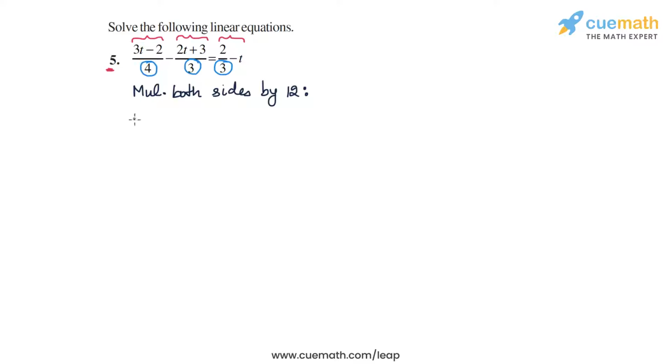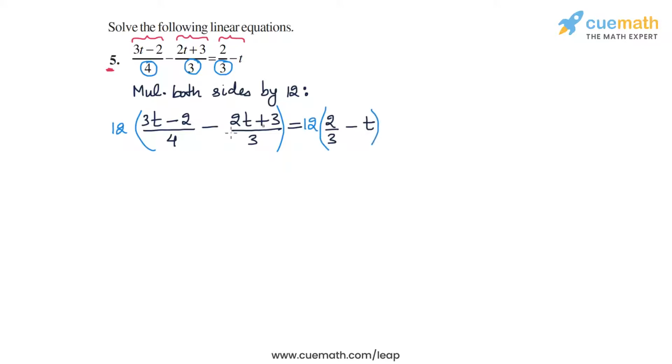Alright, so the original LHS is (3t minus 2) by 4 minus (2t plus 3) by 3, and the original RHS is 2 by 3 minus t. What we are doing is basically multiplying both of these sides by 12. So 12 into LHS and 12 into RHS.